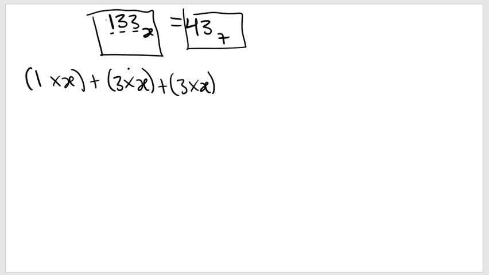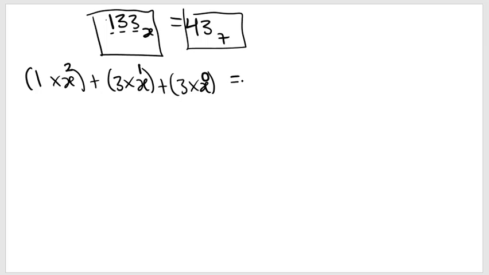When you are done, the exponents for the x, you start numbering them from your right to your left, starting with 0. So you're going to have your 0 here, you have your 1, you have your 2.